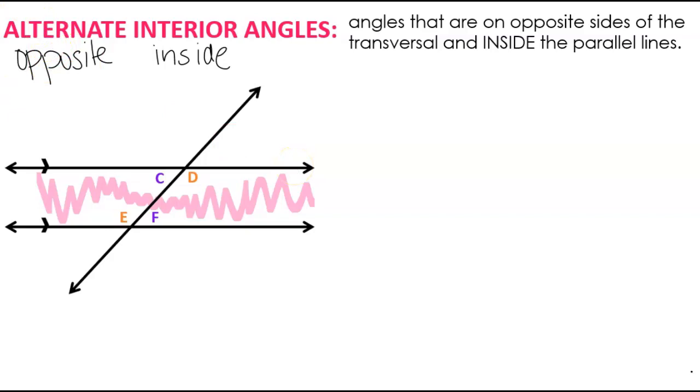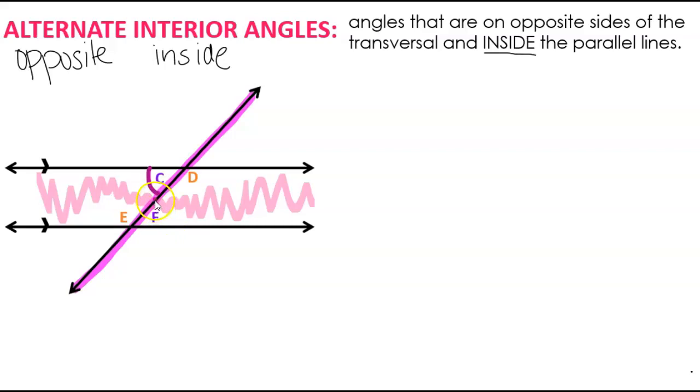When we're talking about the alternate, that means opposite sides of the transversal. So the true definition for alternate interior is angles that are on opposite sides of the transversal and inside the parallel lines. So examples of that would be, notice angle C, okay? We're only looking at C, D, E, and F. C is on the left side.